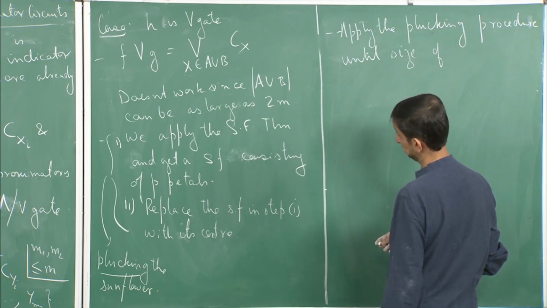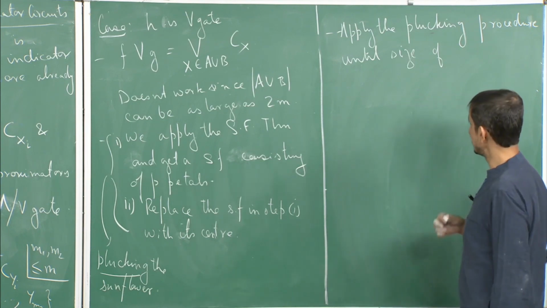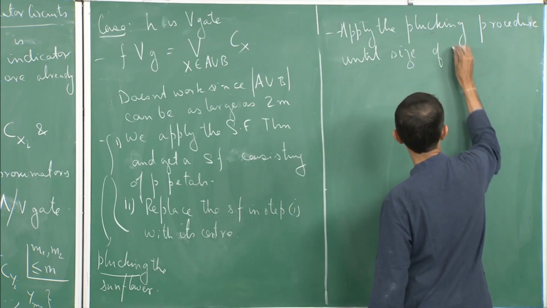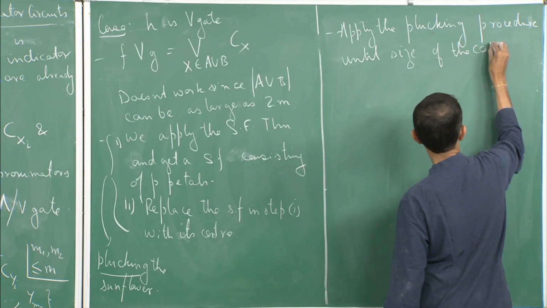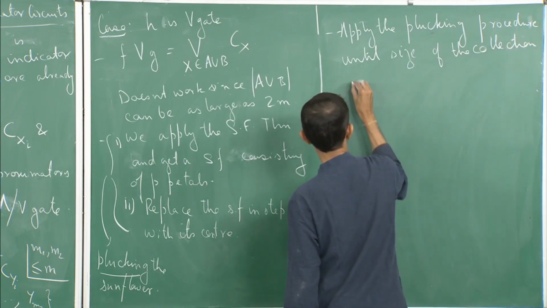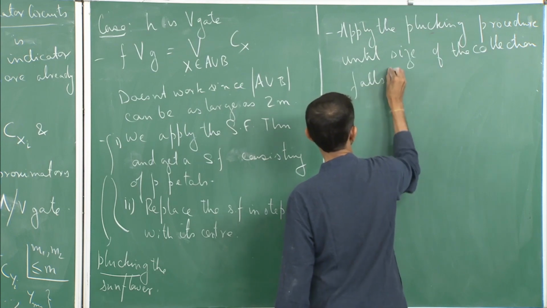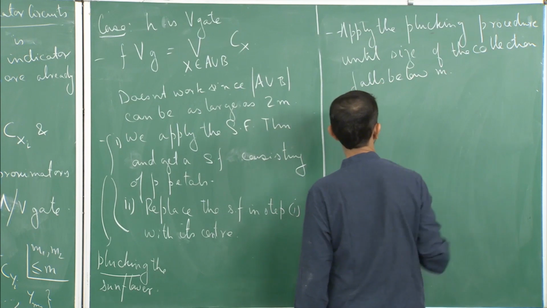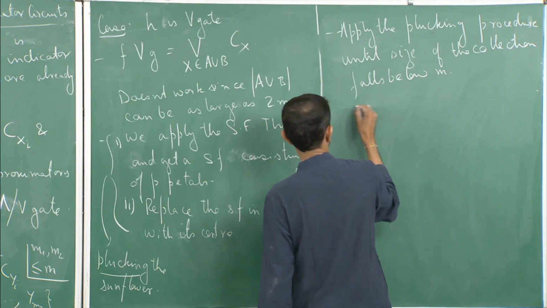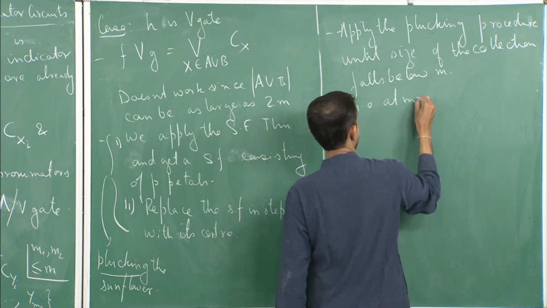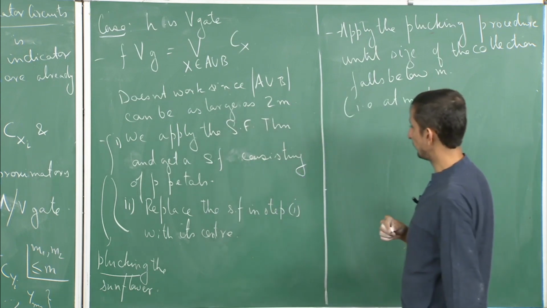It is a different set now, until the size of the, let me just call it collection, falls below m. That is at most how many times?